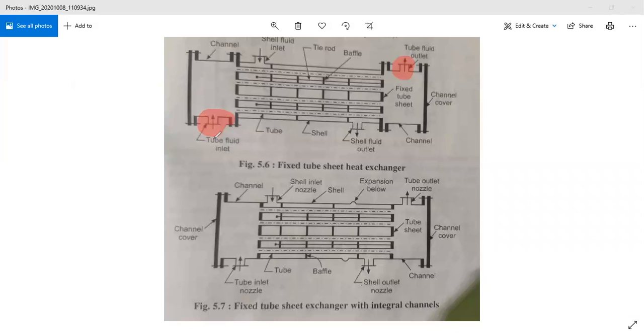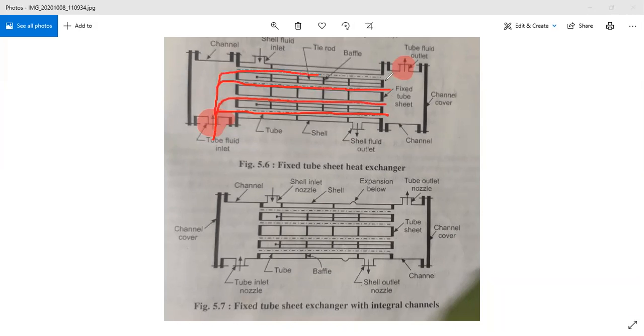So this nozzle arrangement is there, and this is the direction how this tube side fluid is going to pass.